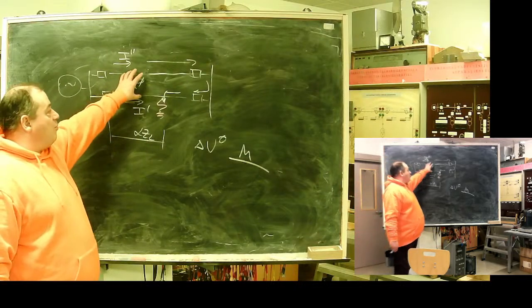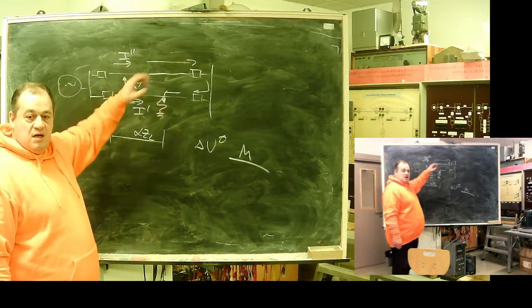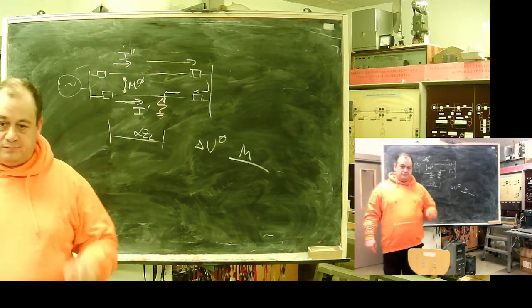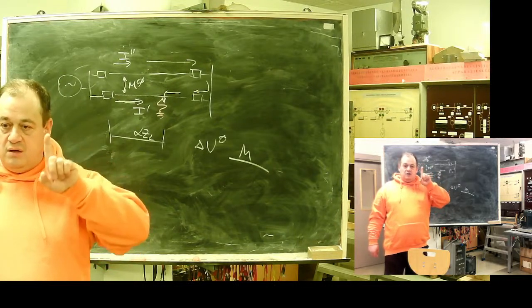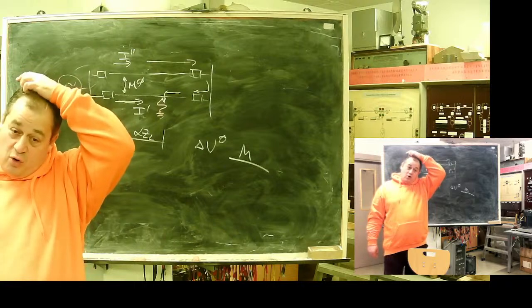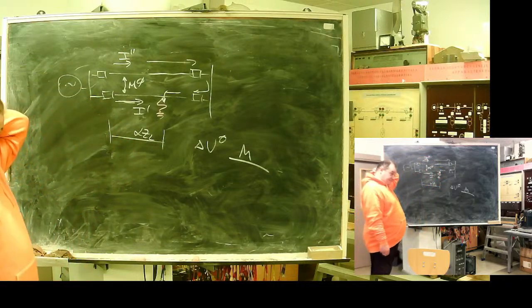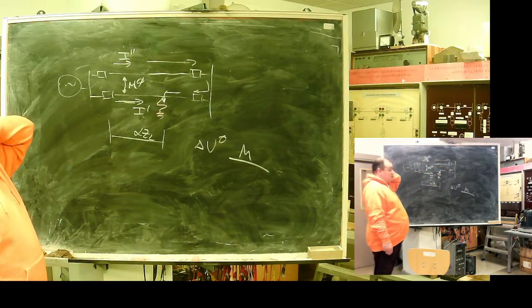So mutual coupling in this case causes observable resistance to go forward. Actually, it will go upward because this thing is inductive.